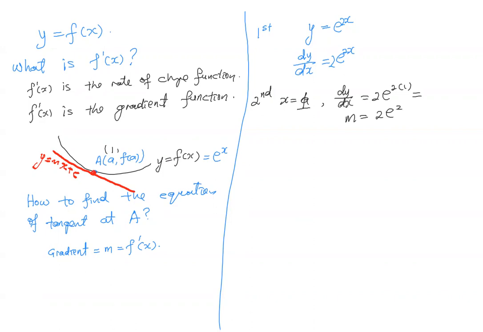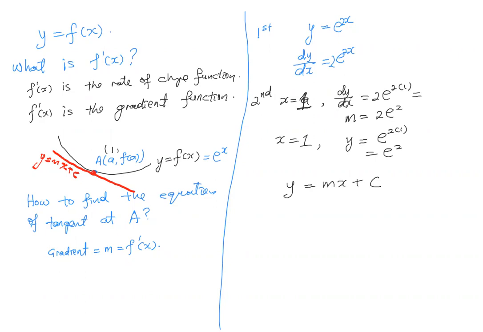After I get the gradient, I still don't have the y value. So I have to find the y value when x equal to 1. Then only I put into y equal to mx plus c.